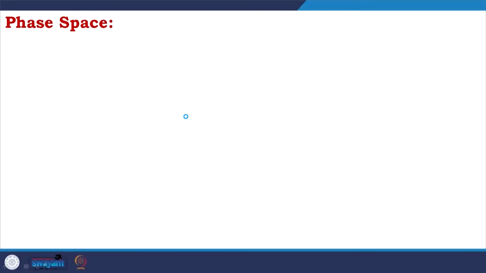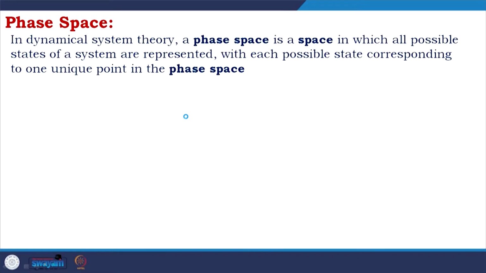Now, I come to another very important component of simulation run, which is called phase space. First, to define, in dynamical system theory, a phase space is a space in which all possible states of a system are represented, with each possible state corresponding to one unique point in the phase space.